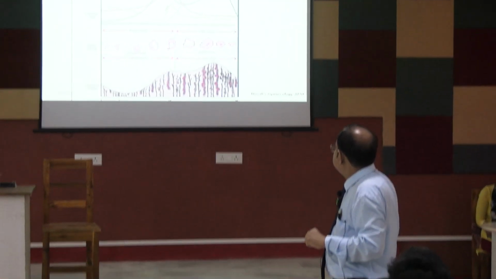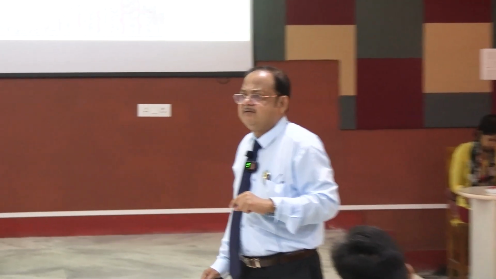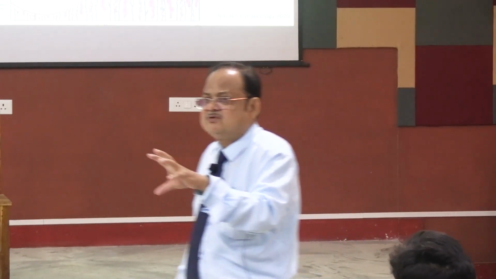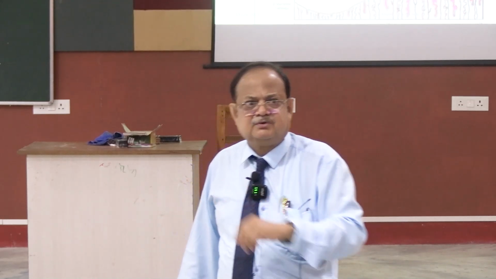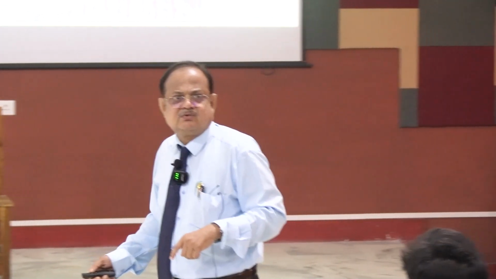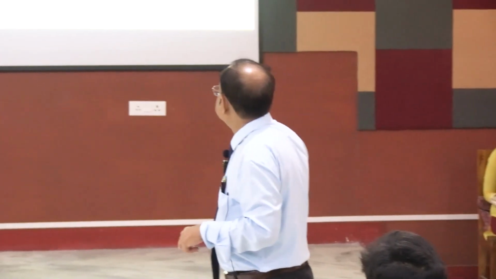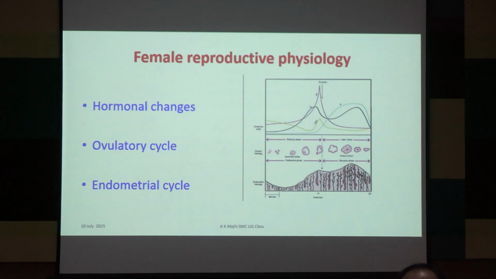And what will happen? The progesterone comes, and progesterone causes the secretory endometrium, and the corpus luteum secretion is mainly the progesterone. So these cycles occur. If you just recapitulate the hormone changes: FSH, LH, estrogen, and progesterone.